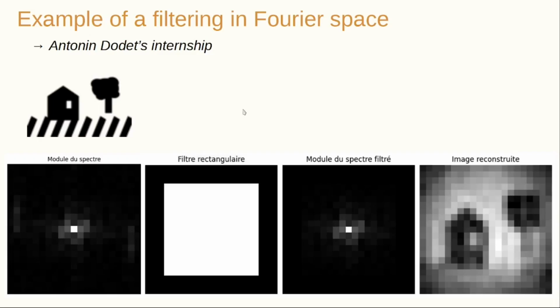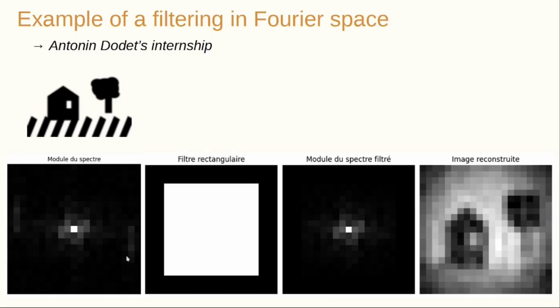And last example with a filtering in the Fourier space, which has been done by Antonado Dias during his internship in POP. So this is the picture that was fixed on the screen. This is the spectrum in the Fourier space. Antonado applied this kind of filter, and at the end the Fourier spectrum is like this.